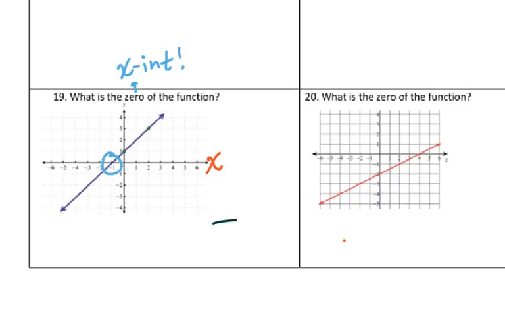All I want to know is where it crosses. It crosses at the number -1. Where does your line cross the x-axis? A 0 is an x-intercept, which means it's where the line crosses the x. So easy, so easy. 20, same thing. Where is the 0 of that graph? Not difficult at all.